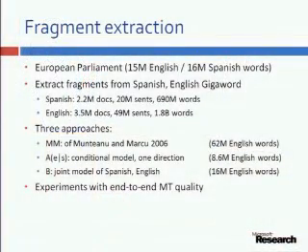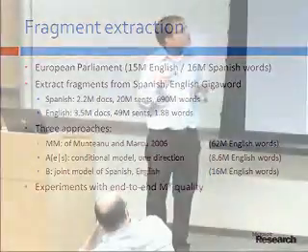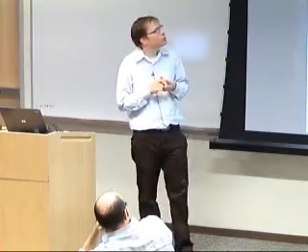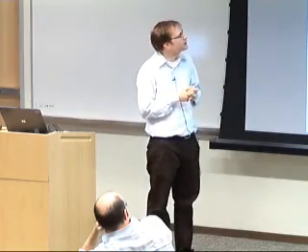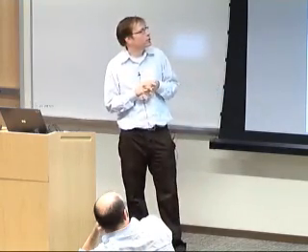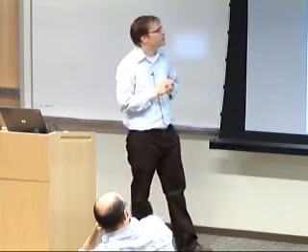In terms of fragment extraction, for our seed parallel corpus, we started with European parliamentary data, about 15 million English words of parallel English-Spanish data. And then for our fragments, we looked at the Spanish and the English Gigaword. These are both quite large. Spanish is not quite 1 gigaword, but it's about 700 million, good enough.